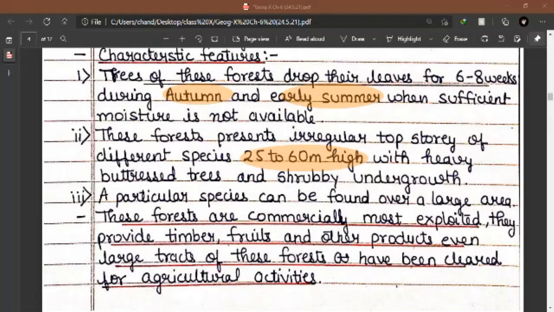These forests are commercially most exploited. They provide timber, fruits, and other products. Even large tracts of these forests have been cleared for agriculture activities.